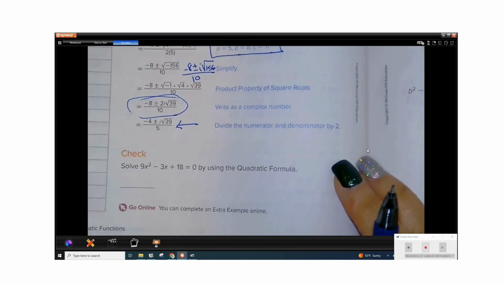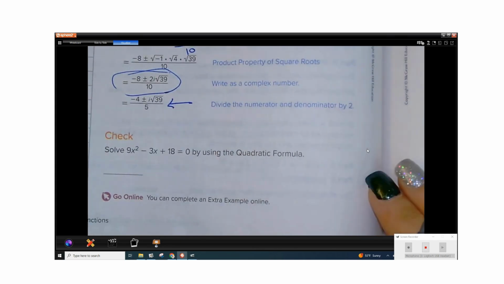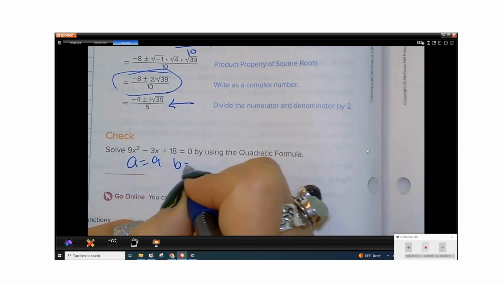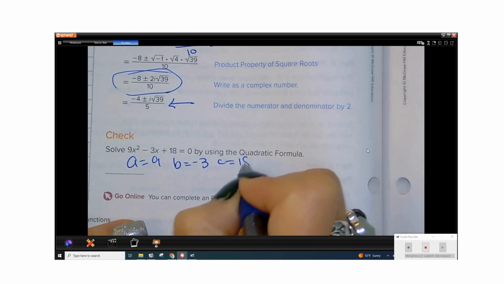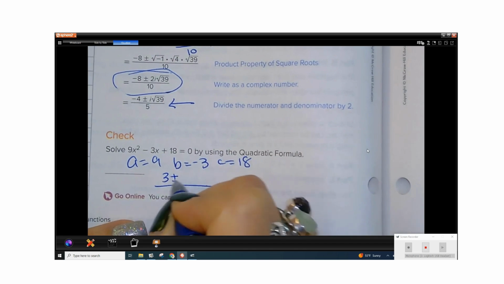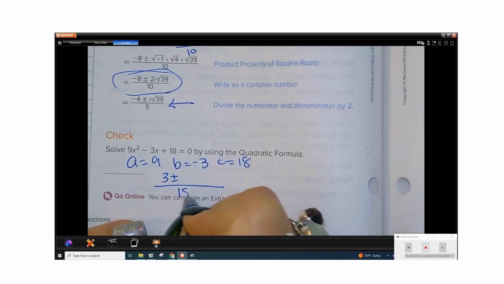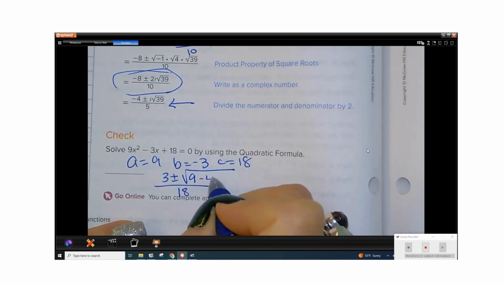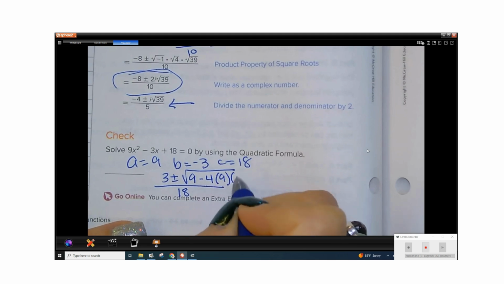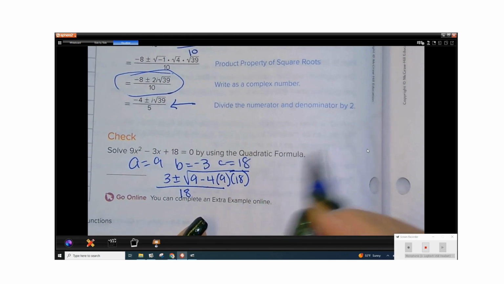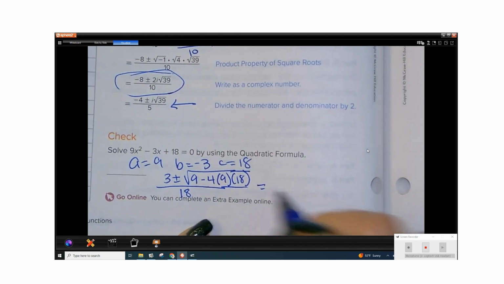Okay, let's do another one with imaginary. So a is 9, b is negative 3, c is 18. So you take 3, that's your negative b, plus or minus, 2a is 18. 3 squared is 9 minus 4 times a times c. Now I could already tell that's going to be negative. I don't have my calculator out.